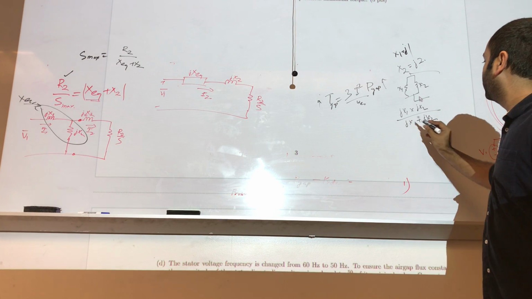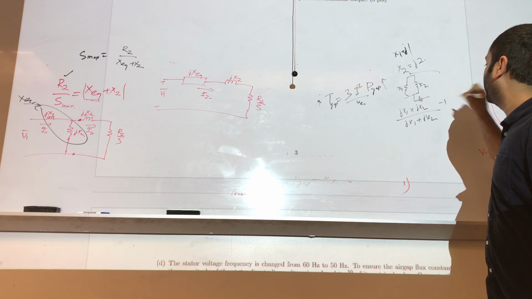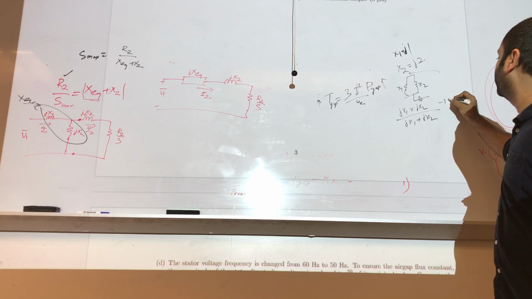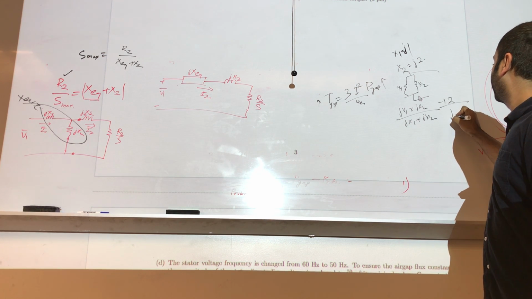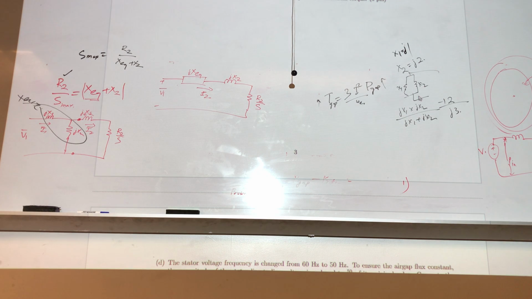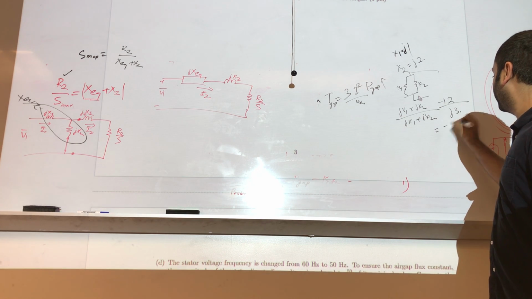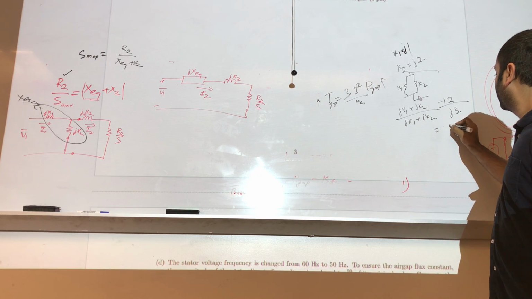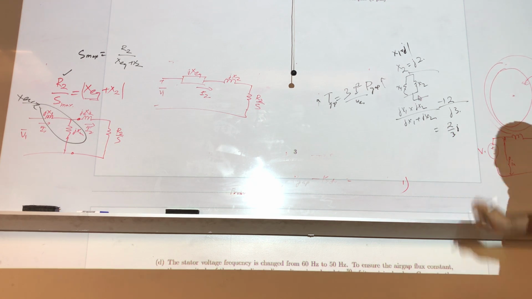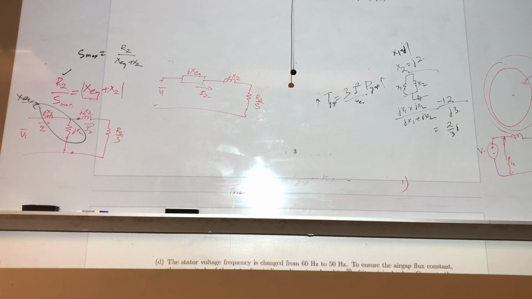So j squared is minus 1, and this will be 1 times 2 is 2 over j3, which can also be written as 2 over 3j.